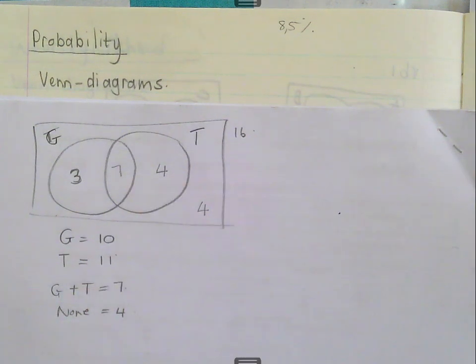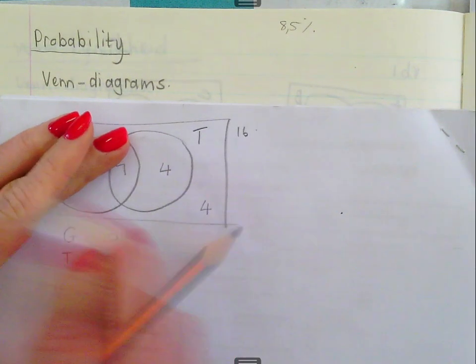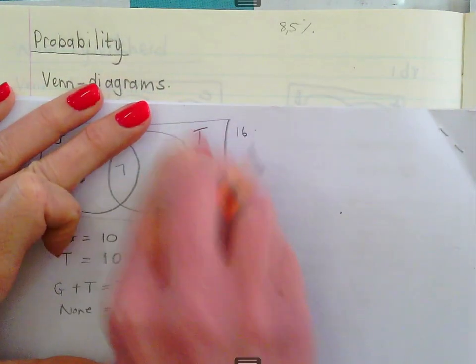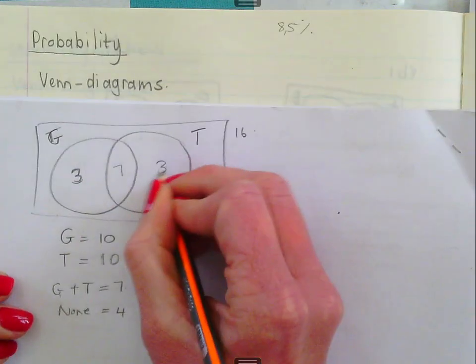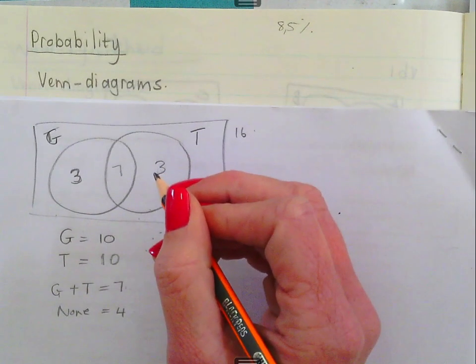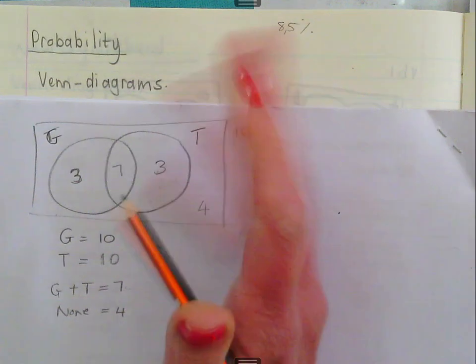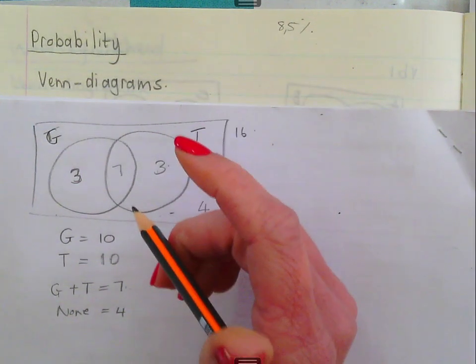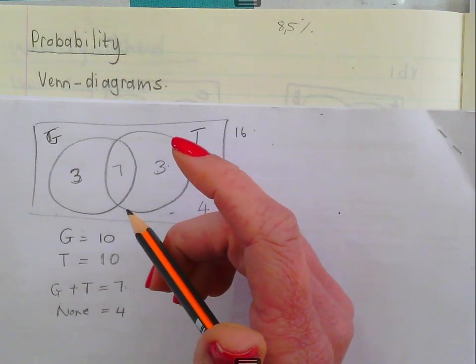Did I not count correctly there? Okay, we'll make it 10. Who of those hands that went up had geography and tourism? 1, 2, 3, 4, 5, 6, 7. Whose hand has not gone up at all? 1, 2, 3.